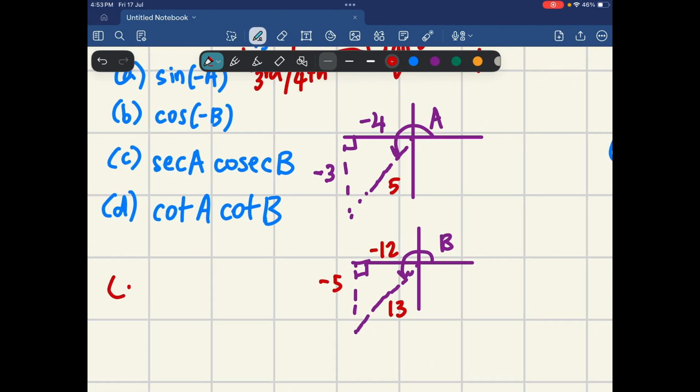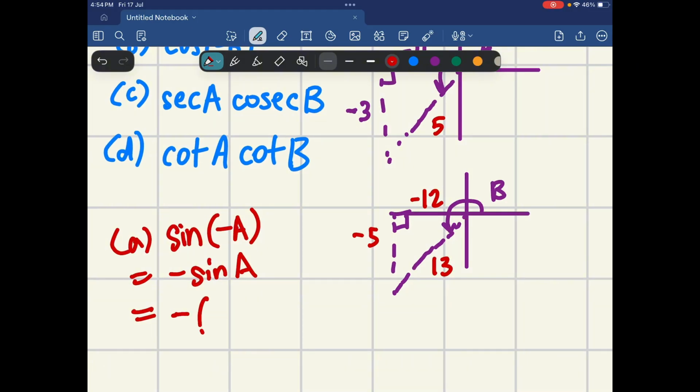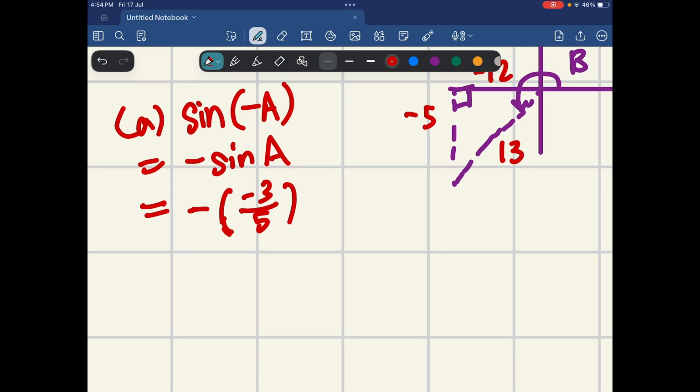So A, sine of minus A, we can bring out the negative. That is minus sine A. Sine A is opposite over hypotenuse, so we get minus 3 over 5. But since there's a double minus, it will become positive.